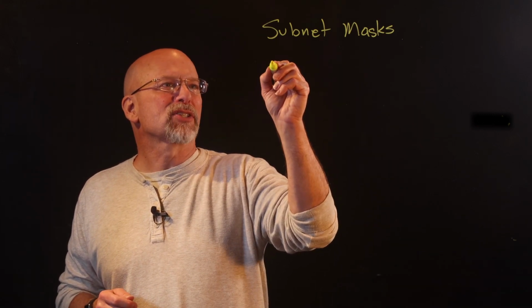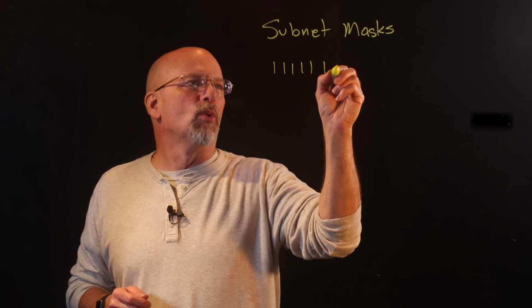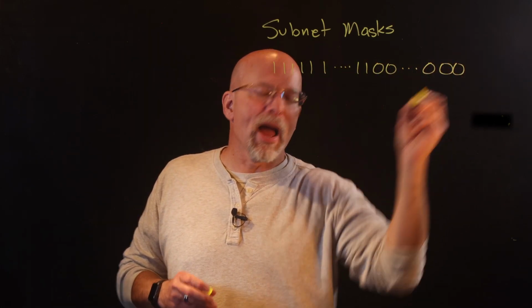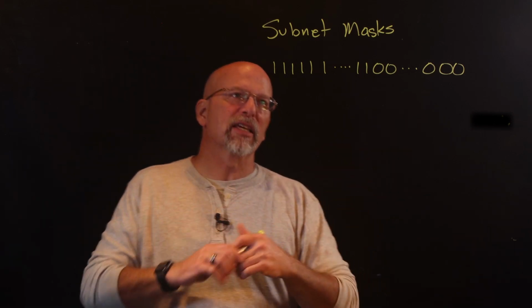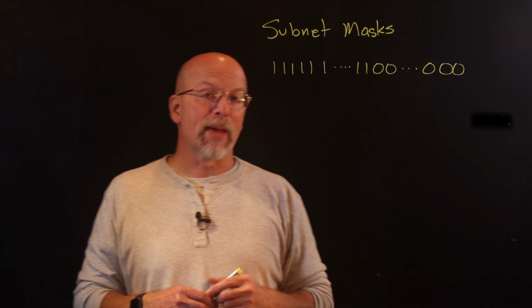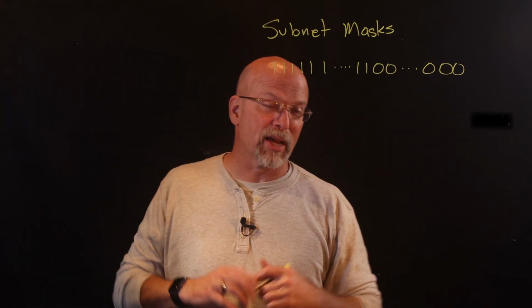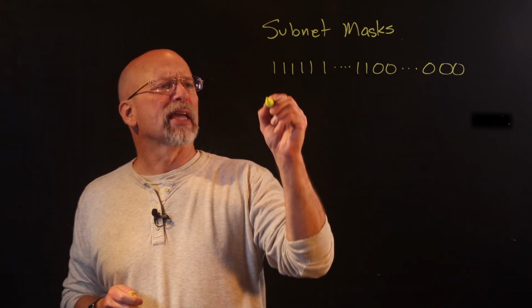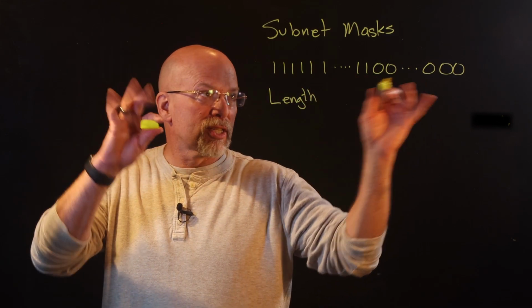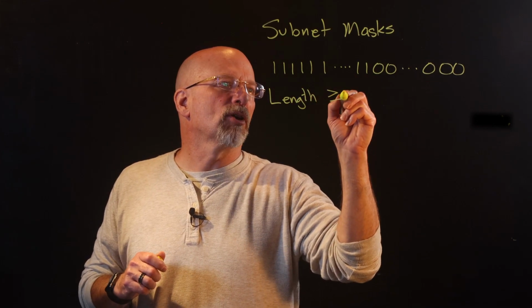Now, a subnet mask typically is a bunch of 1s followed by a bunch of 0s. I'm not going to specifically address subnet masks because depending on the application, a subnet mask has a fixed number of bits. But what I'm going to say is I want the length of this subnet mask to be greater than or equal to 2.